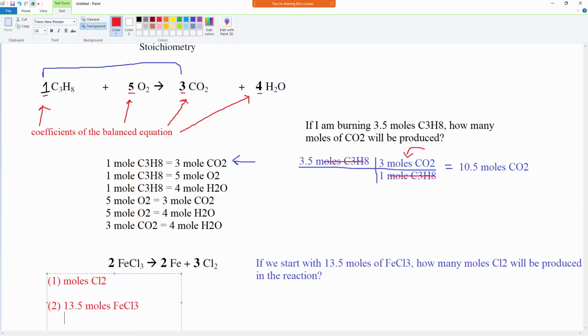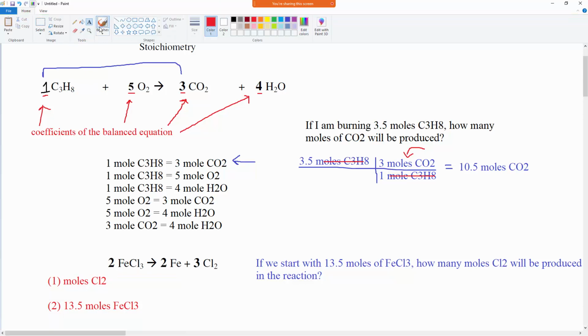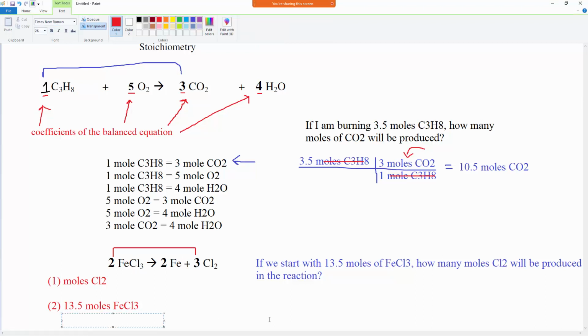Because we're interested in Cl2, but we were given FeCl3, then we need to observe just the relationship between the FeCl3 and the Cl2. So we're looking at just these coefficients in front of the FeCl3 and the coefficient in front of the Cl2, and that's where we can see that every 2 moles of FeCl3 will produce 3 moles of Cl2.